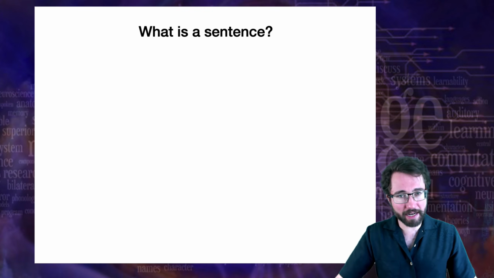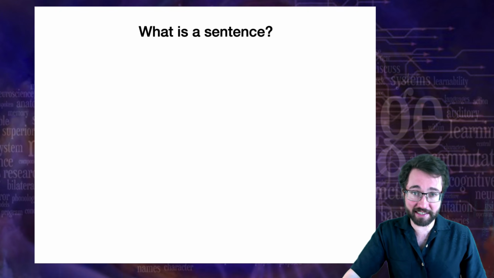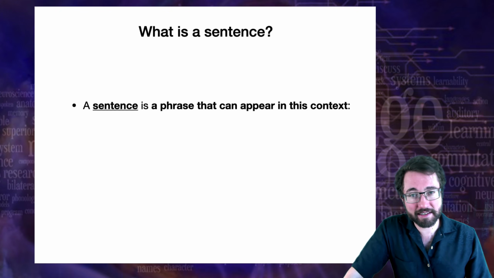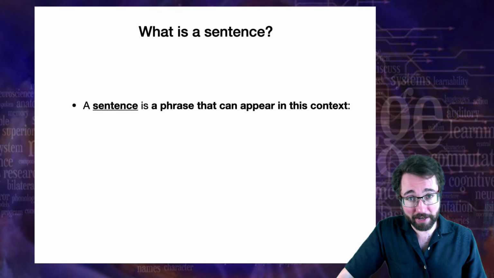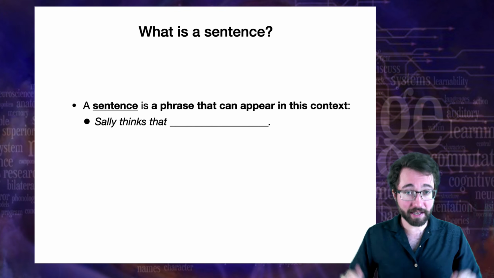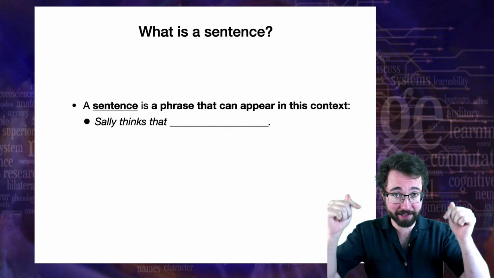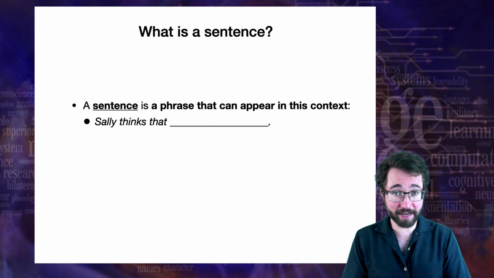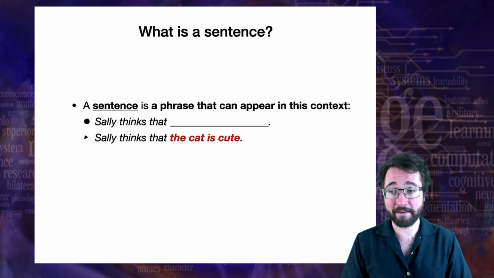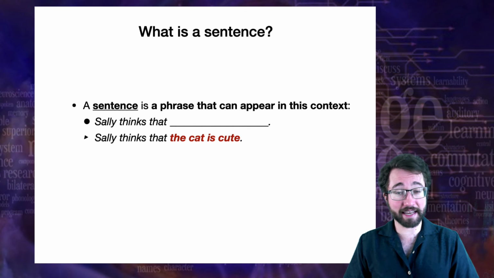So now we can actually give a syntactic definition for sentence. What is a sentence? What is this thing called sentence? A sentence is a phrase that can appear in this context. Sally thinks that blank. Anything that you can drop in this blank and get something grammatical is a sentence. It's a syntactic sentence. So you can say, Sally thinks the cat is cute.